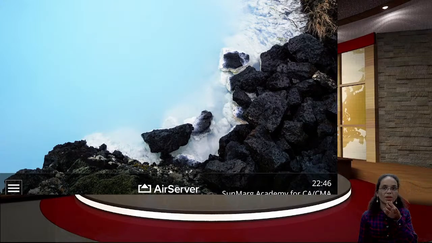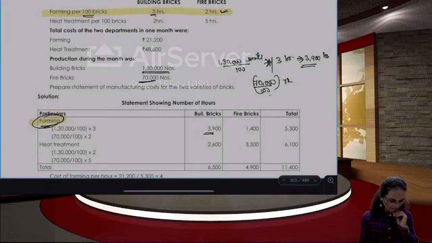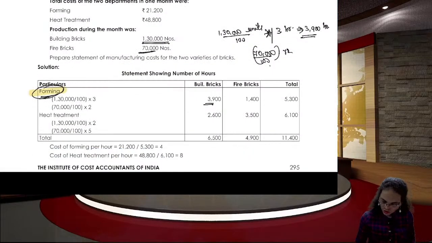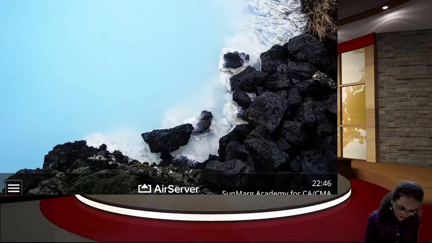Guys, please bear with me, there is a technical problem. So 70,000 units we produced. For 100 units, in the same manner you try for the fire also.